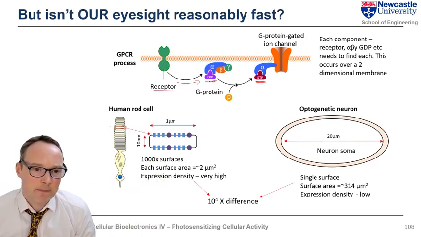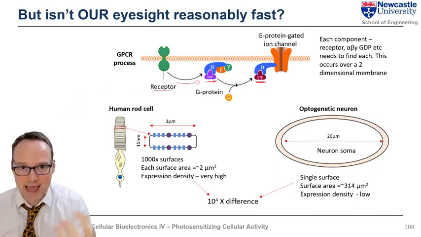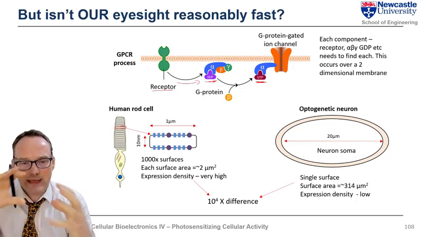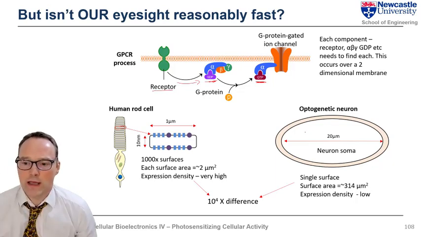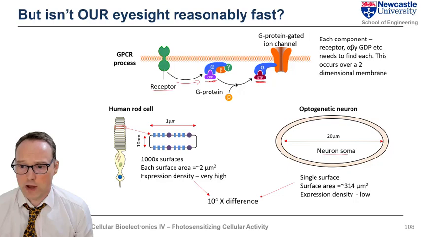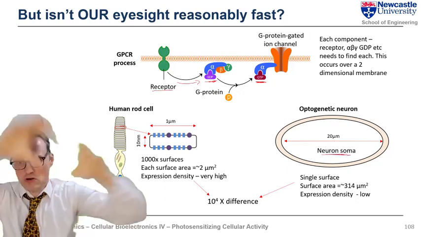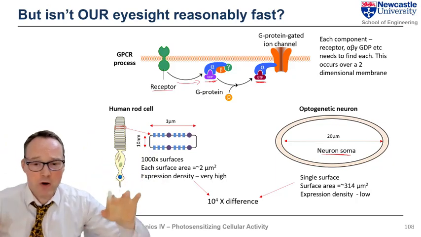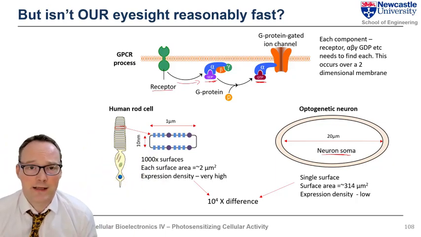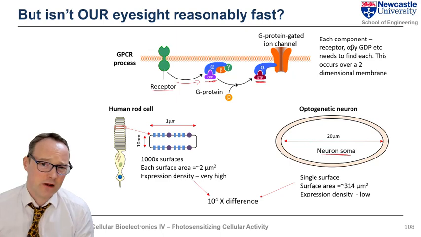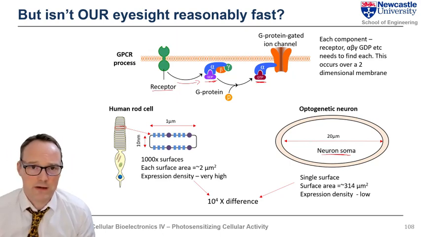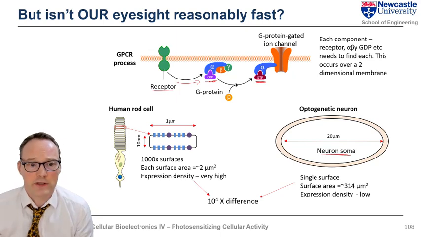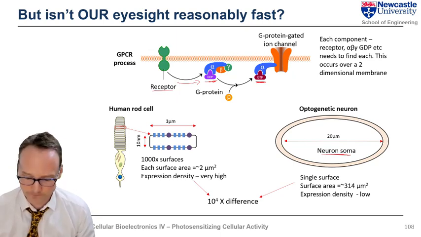Now, in these human or dedicated vision cells, everything is packed close together, and the area is quite small. If you go to a neuron cell, with this big area, 10 microns, it takes a long time to find the components, and therefore it's significantly slower. So if you look at the difference, it's a 10,000 times difference, and it's largely due to the areal difference as well as the packing density.